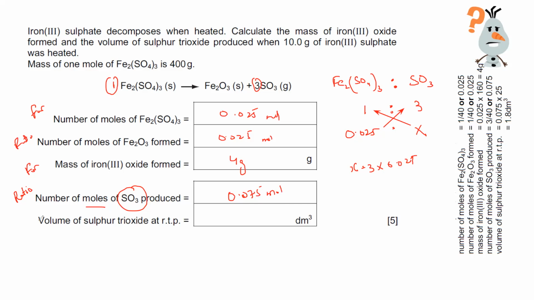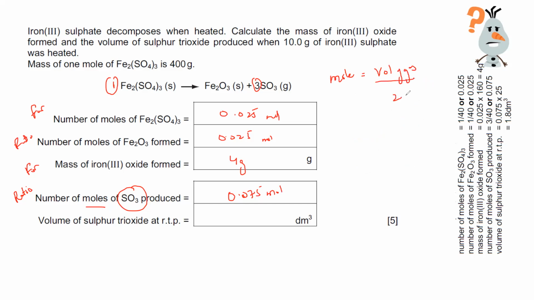Then the last one, we need the volume. How to get the volume of the gas? We have the formula that moles of a gas is equal to volume of gas divided by 24. Moles of the gas we have 0.075.